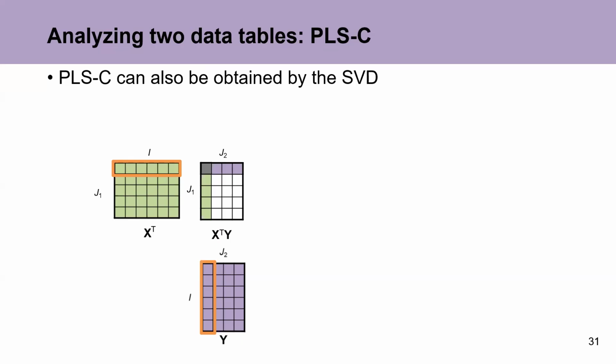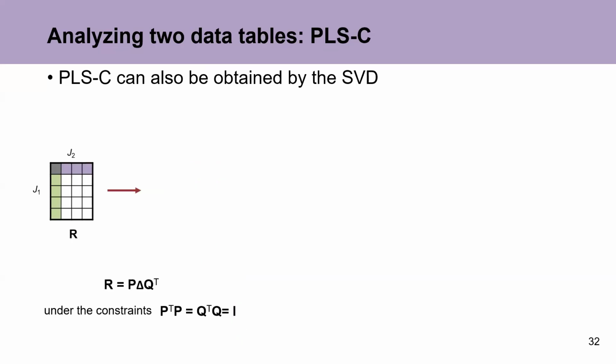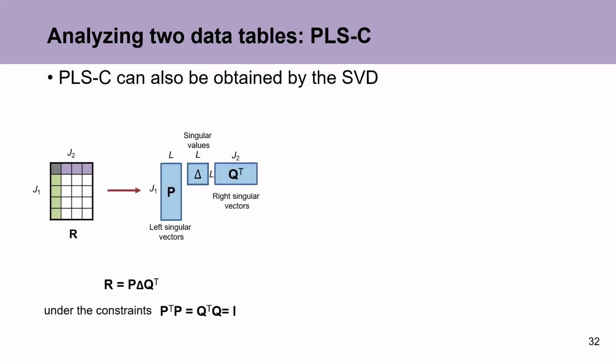But this is the matrix that tells you how these variables co-occur with each other. Right, so I basically have something like a correlation. And then let's put this into SVD, which we've already gone through.